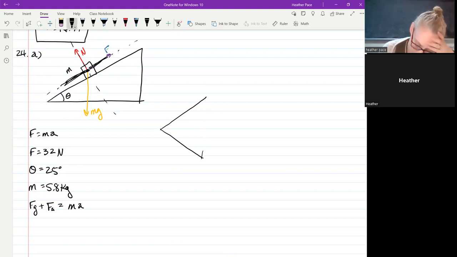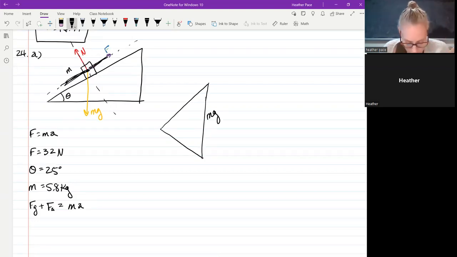All right, so here's our triangle. So this is going to be mg. Now, what is our angle going to be? This gets a little bit complicated, but we've got to think about it. We could take this as our theta, but we don't know what we would have to solve for it.